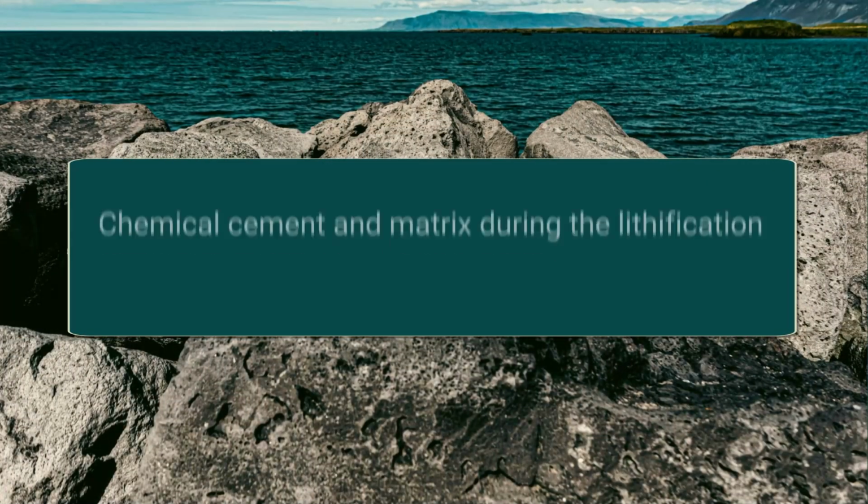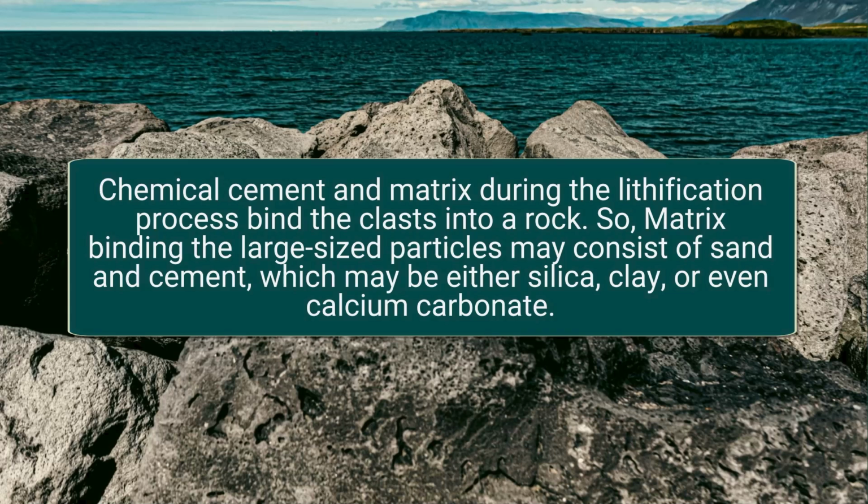We know that chemical cement and matrix, during the lithification process, bind the clasts into a rock. The matrix that binds the large size particles may consist of sand and cement, which may be either silica, clay or even calcium carbonate.